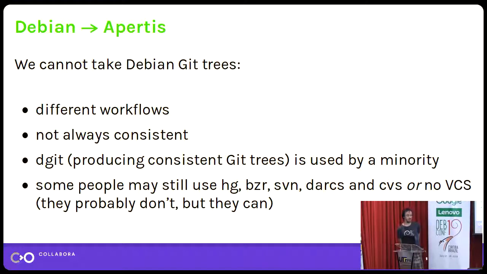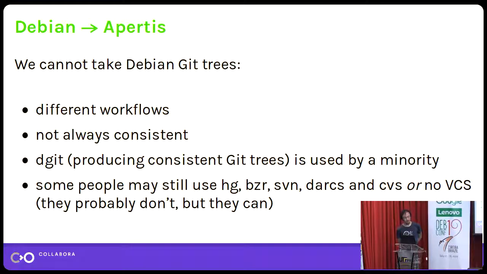Repositories are not always consistent with the actual packages in Debian, because, well, one of the examples is the debian/source/local-options file, which doesn't get into the source packages, but lots of people use it inside of the Git repository to, well, basically store the package options there.